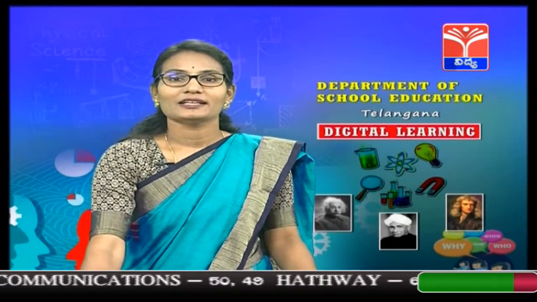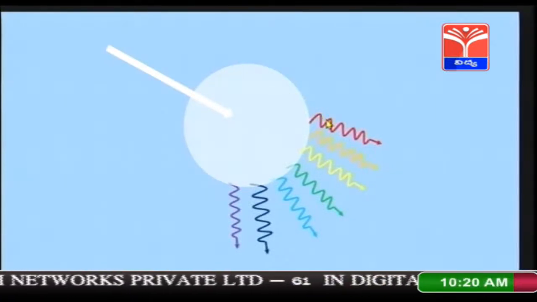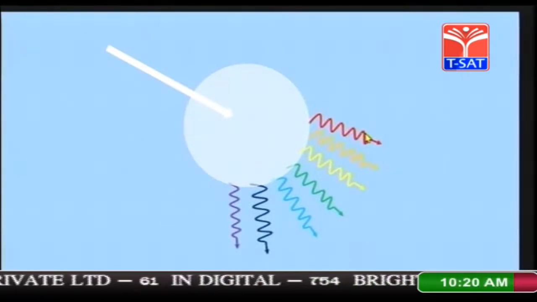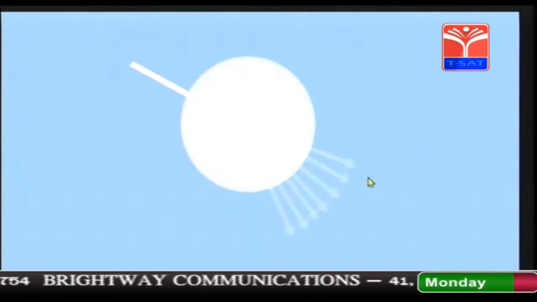Whenever it is able to scatter all the colors, it appears white. When we receive all the colors from the molecules, it appears white. Observe here, children. The size of the molecule is huge, so it can scatter all the colors, then it appears as white.